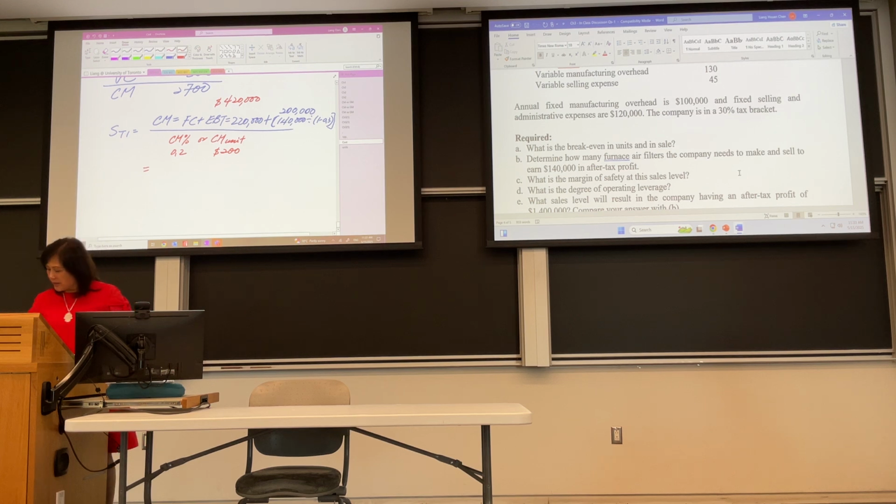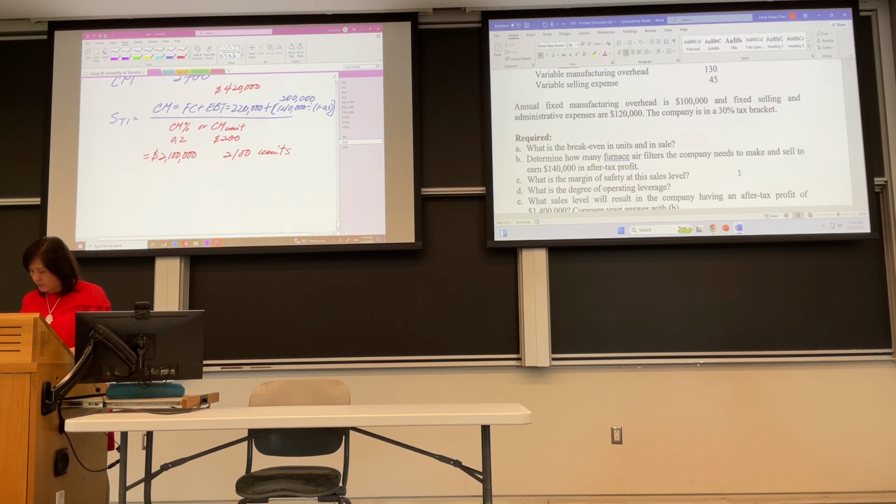So we say it's 2,100 units or $2.1 million, to make $140,000. Okay, so the sales break even, we already figured out the first one. So sales with target income 2,100 units. You can use the units or dollar amount, both okay.